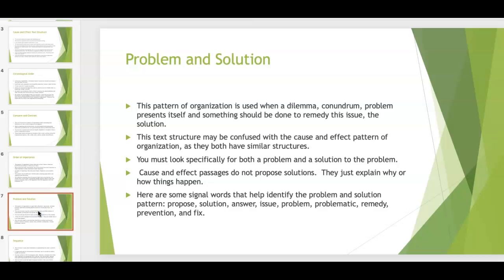Problem and solution. In this pattern, there's always a problem, a dilemma, a conundrum that happens, and it has to have a remedy, a solution, and you'll see both of them. You'll see the problem, and you will see the solution.